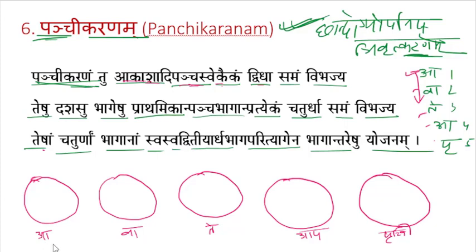Akasha means ether, then air, fire, water and earth. You know that. So, Ekekam Dvidha Samam Vibhajya. Dvidha means each one you should divide in 2 sides. So I am dividing each. This is very important. You should be focused.